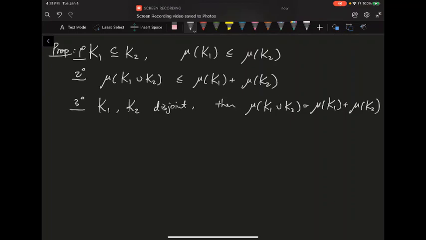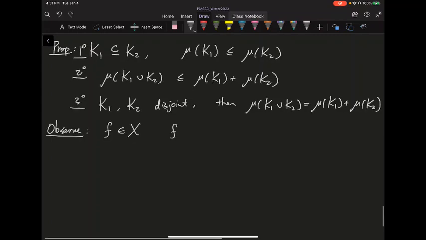So now let's prove this proposition. First of all, let's make the following observation. Because X is a product space, if I have an element F inside this product space X, then consider the function that maps F to its kth component. It maps from X to the kth component, which is the interval from 0 to k over k0 interior.